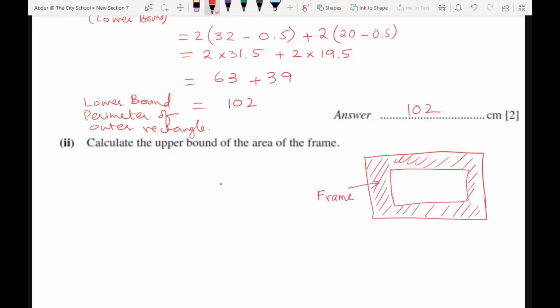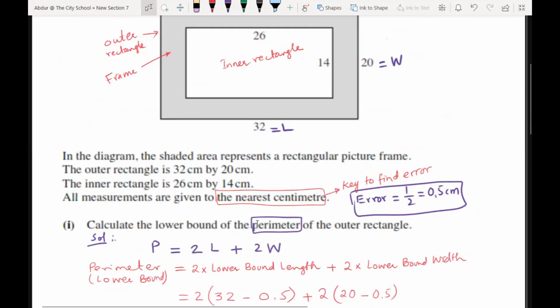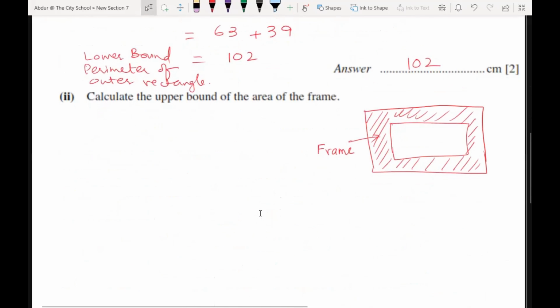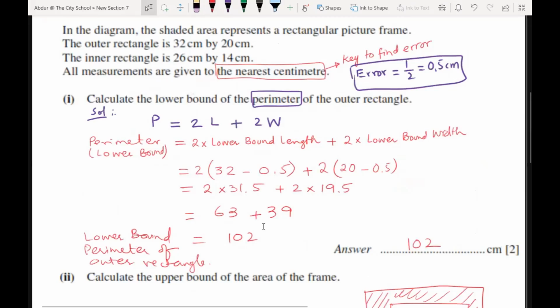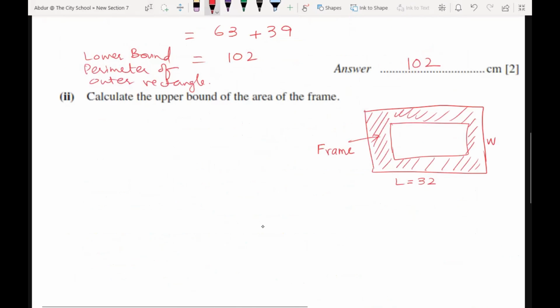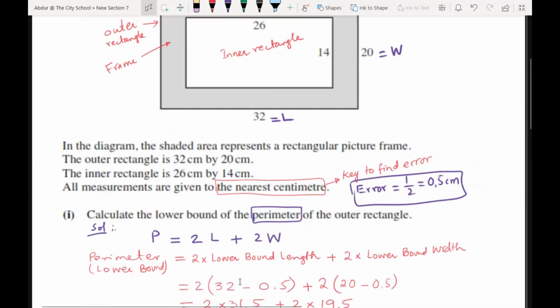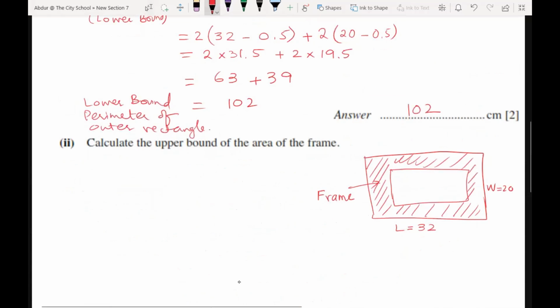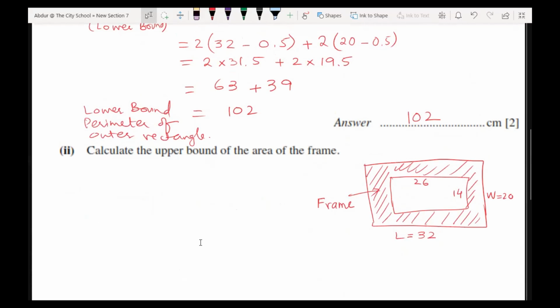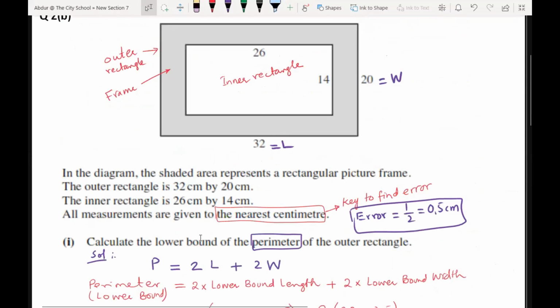The outer rectangle was 32 by 20. The inner rectangle length was 26 and width is 14. Let's check again: 26 by 14, 32 by 20.